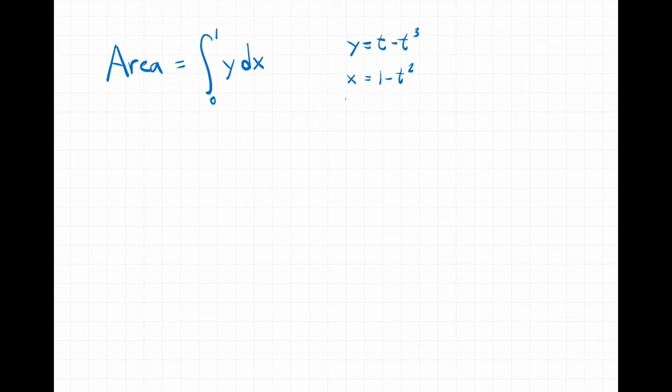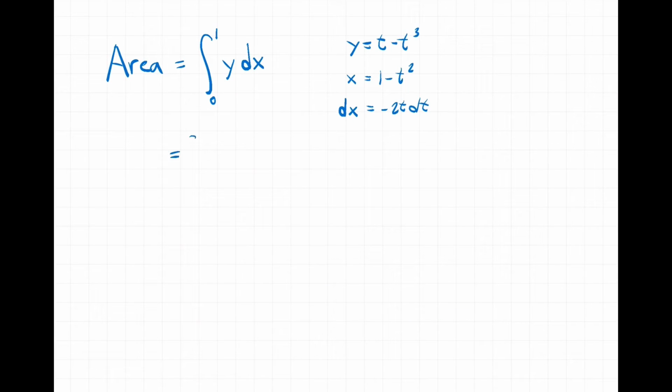So for dx, you can either say dx equals a function times dt, or say dx over dt is this derivative, and then change the differential in the integral to a dt. I'd like to say, the same way we do for any substitution, dx equals negative 2t dt, and we'll just fill that in.